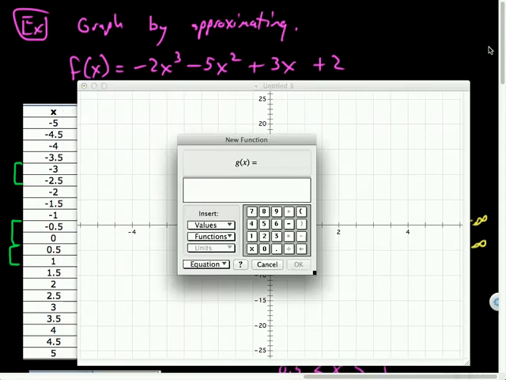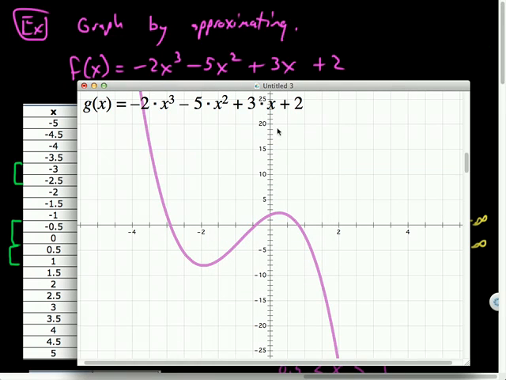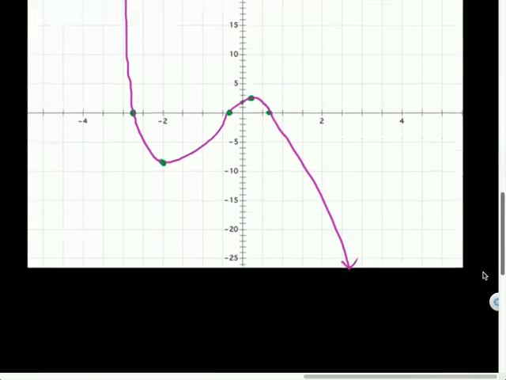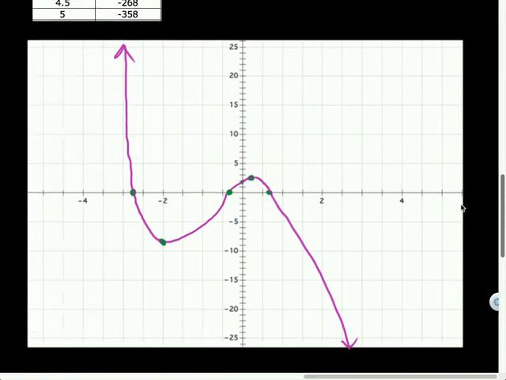And then I think we'll be done. So let's graph this. This is -2x cubed minus 5x squared plus 3x plus 2. That's pretty good, guys. Yeah, we did pretty good. There it is on exactly the same grid I just had. It's the same color.